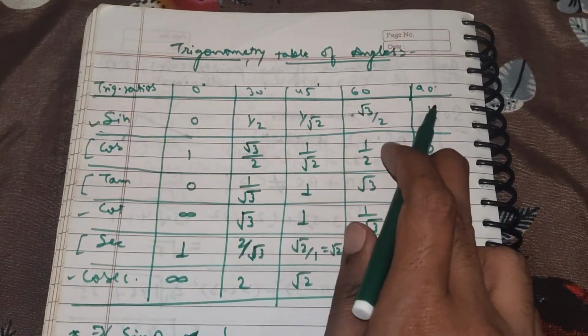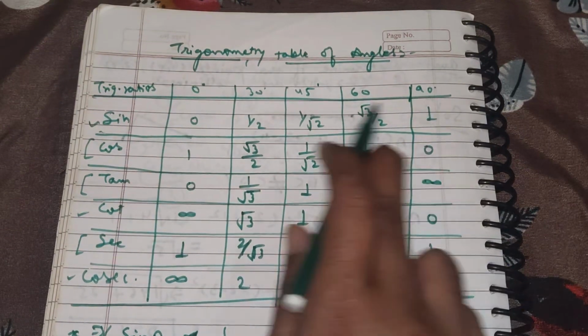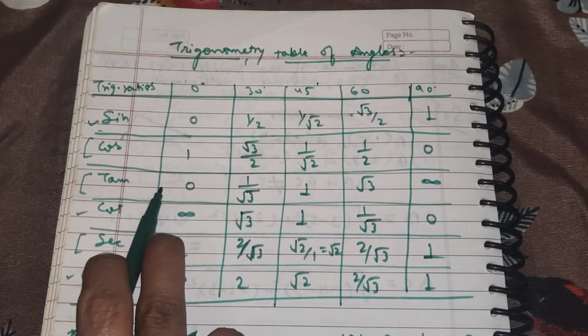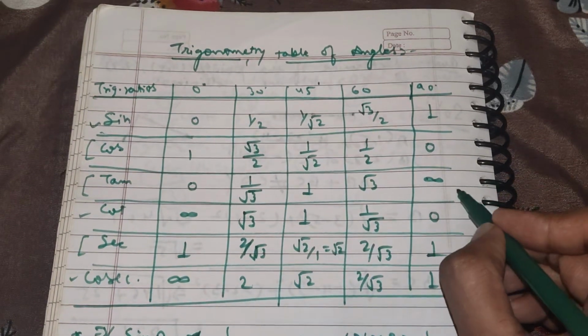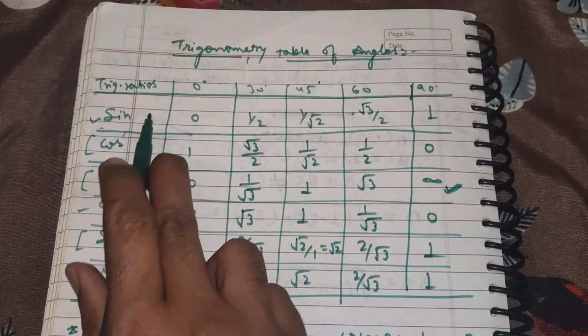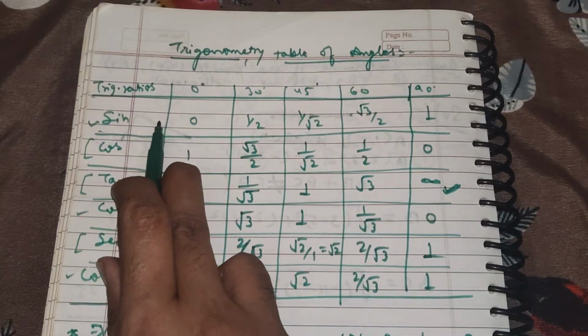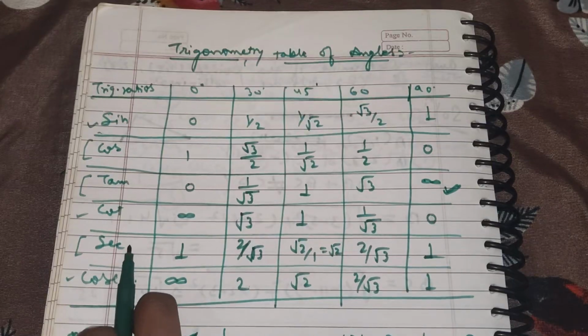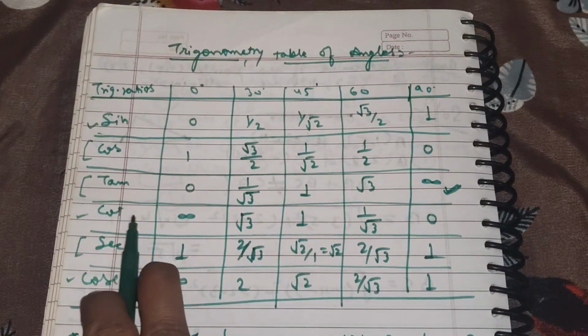And for the cos value, a simple formula: just reversing the order of sine, you will get the value of cos. And tan value you have to remember. This is the only point you have to remember, sine and tan. From sine you can convert into cosec, from cos you can convert into sec, from tan you can convert into cot.